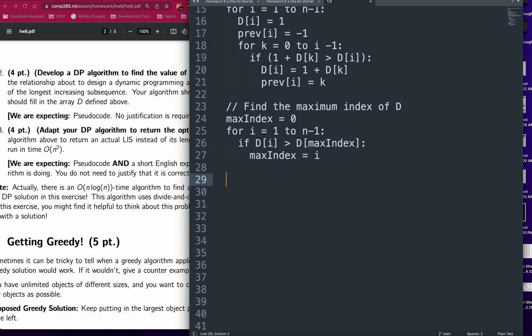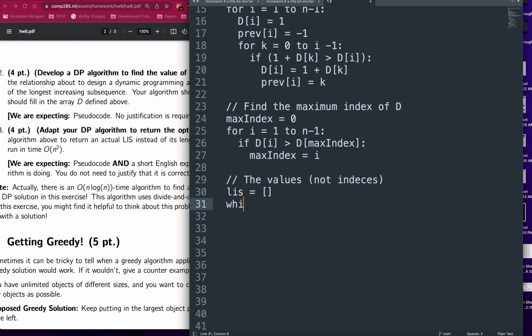So now we're actually going to try to reconstruct our longest increasing subsequence. So we're going to say our longest increasing subsequence, and we're going to say the values, right? So not the indices, the values. Which is basically the same because you can just grab them. So we're going to start this as an empty array.